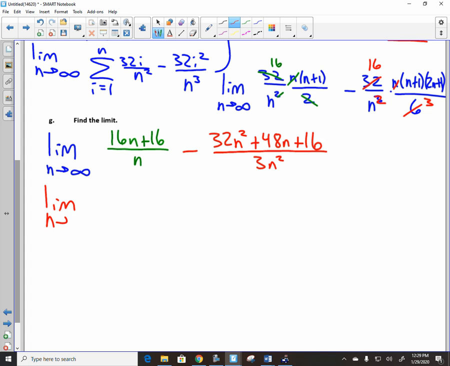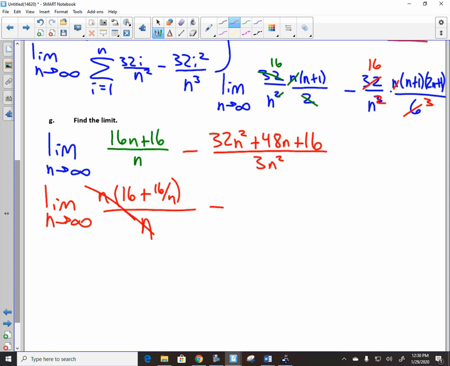Limit as n goes to infinity. You guys are almost there. What do I factor out of the top? Just factor out the n. That'll be sufficient. You're left with 16n plus 16, all over n, which we know those are going to go away. Great.